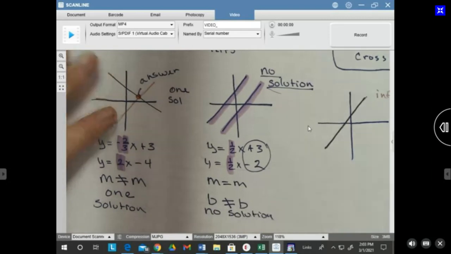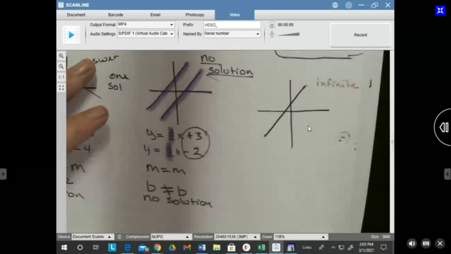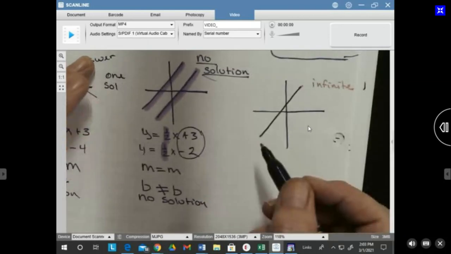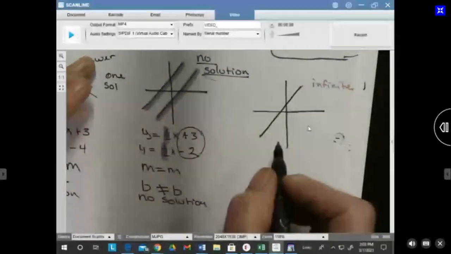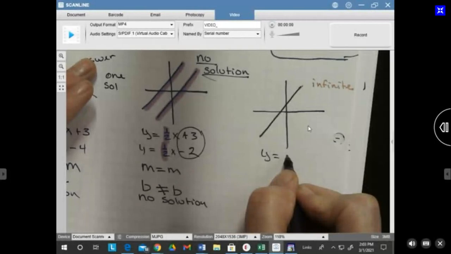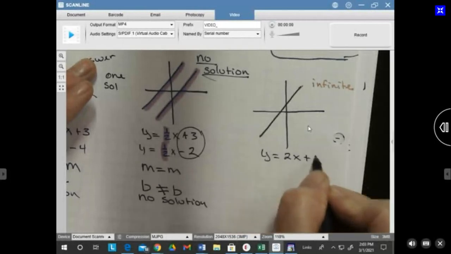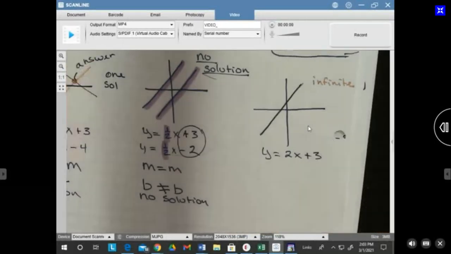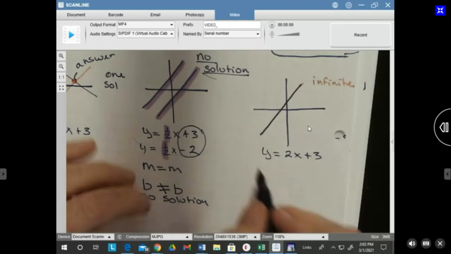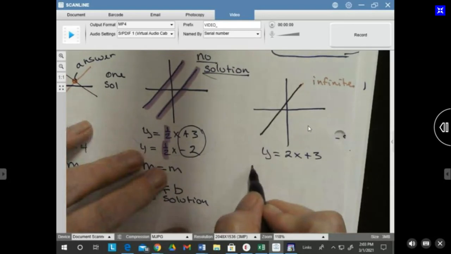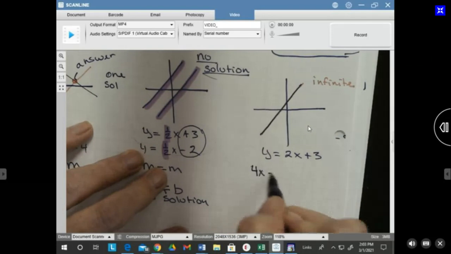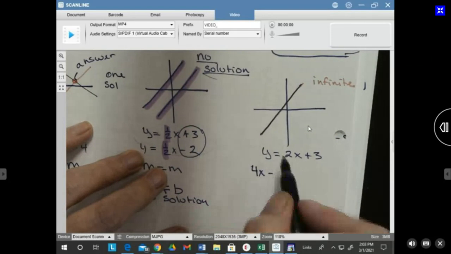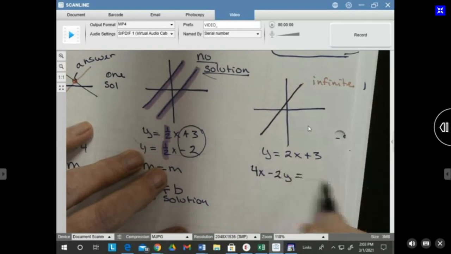All right, let's say this third one here. We're going to say this is y equals 2x plus 3. Well, what if I gave you 4x minus 2y equals 6 as the other one?